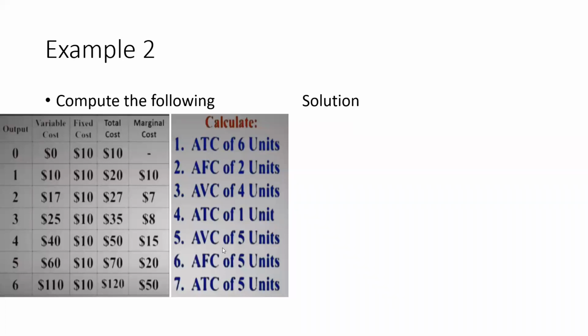So can someone tell me the average total cost for 5 units? Anybody? 14. The average total cost for 5 units is 14.